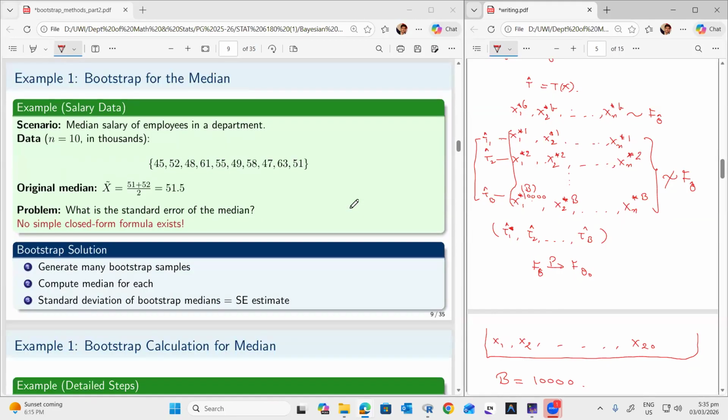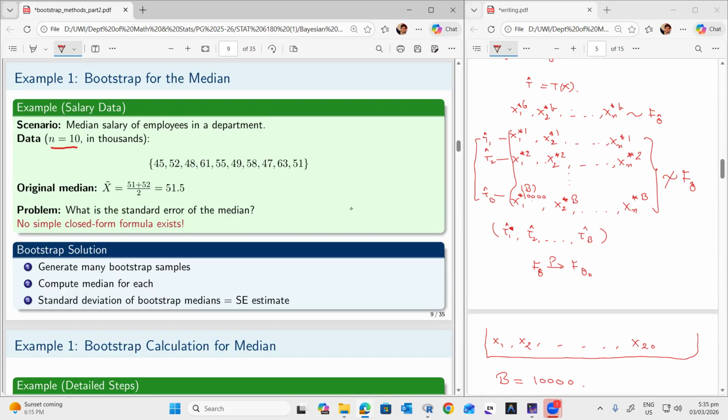So here we are going to take the example of the bootstrap of the median. The scenario is the median salary of the employees in a department. Suppose n equals 10, we have 10 samples, and the salary is in thousands. So instead of writing 45,000, I'm writing 45.